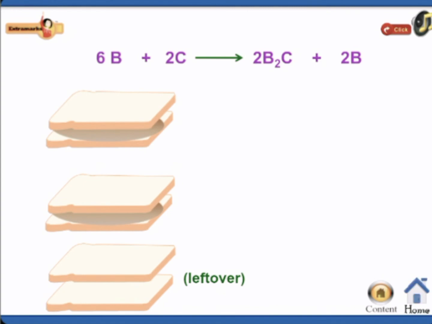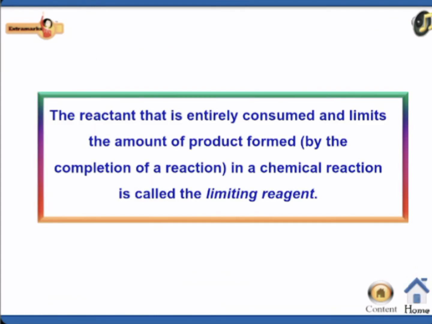We get 2 sandwiches and 2 breads are left. The reactant that is entirely consumed and limits the amount of product formed by the completion of a reaction in a chemical reaction is called the limiting reagent.